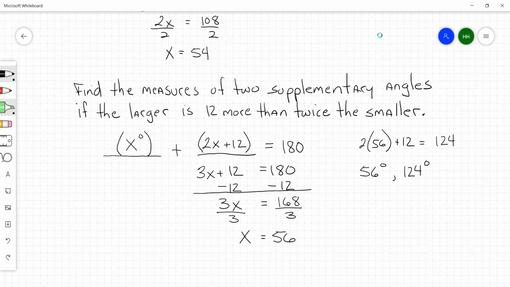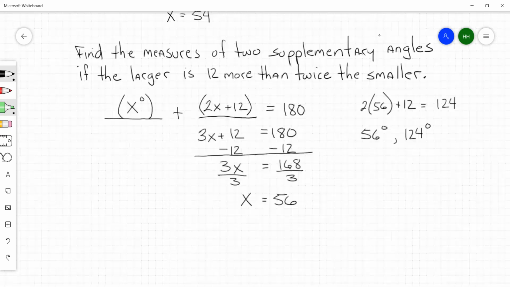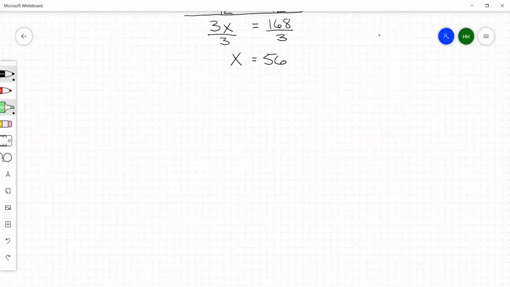All right, so for right now, that's all the notes you're taking for today. I'm going to give you some practice to do. It's going to be pages 9 and 10.